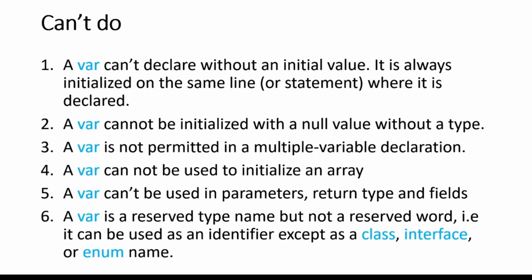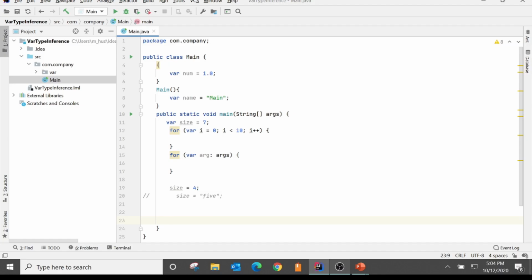Next, what we cannot do. A var cannot be declared without an initial value. It is always initialized on the same line or statement where it is declared. So let's do this one. All these can-do points, for clarity, I will type a can do and number 1 here.